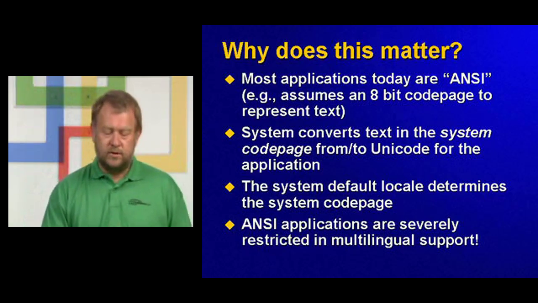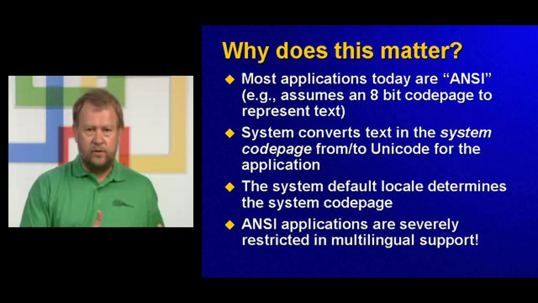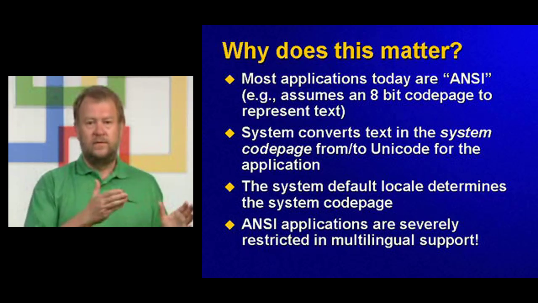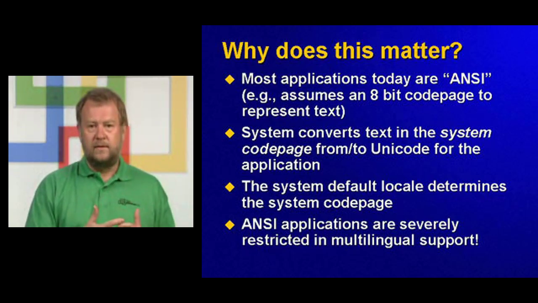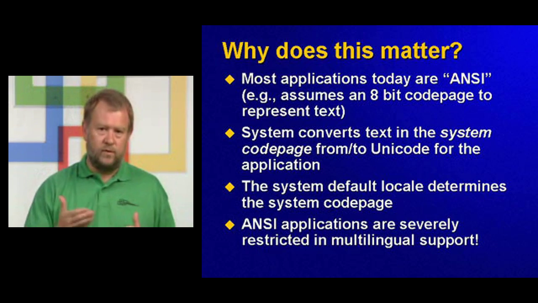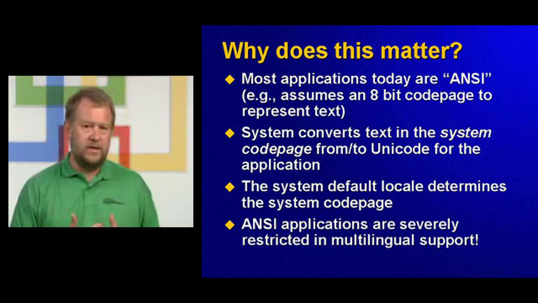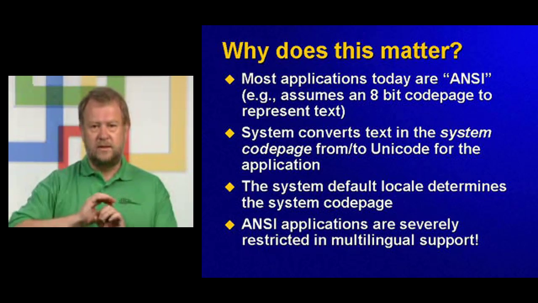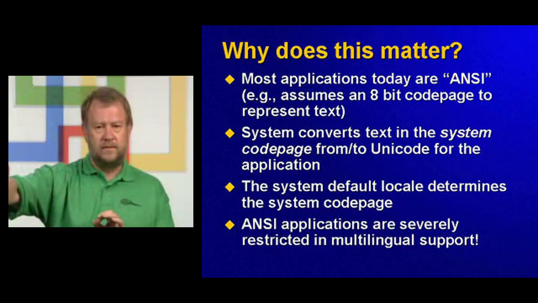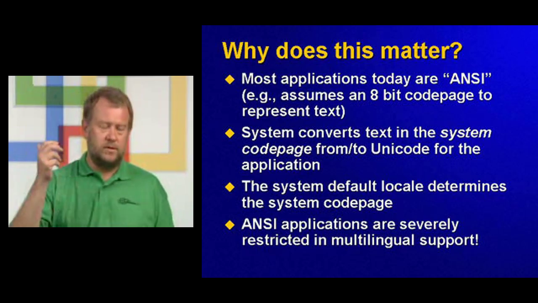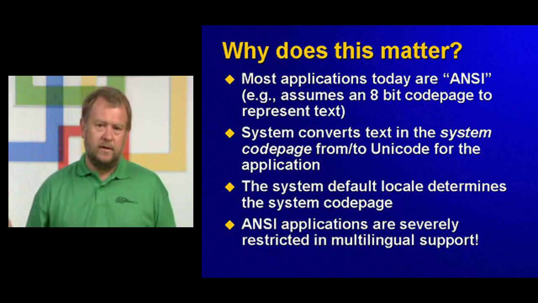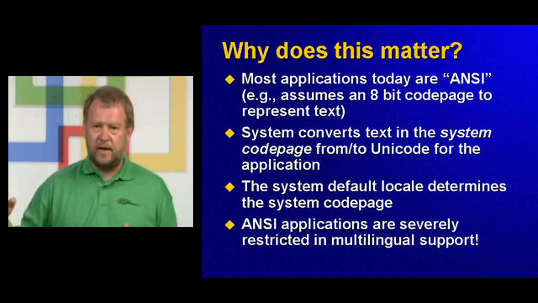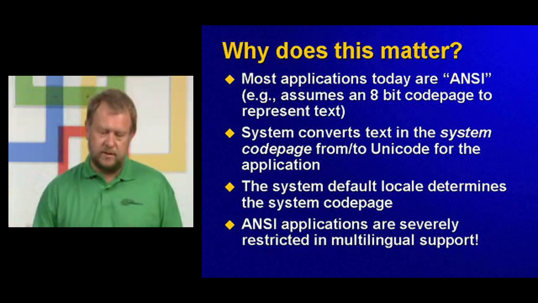And Windows 2000 uses Unicode, but it provides conversion between the system code page and Unicode for ANSI applications. ANSI applications, again, assume that they're always dealing with the system in an 8-bit code page, and so when they pass text to the system, they're using the system code page. The system translates that into Unicode, does whatever was requested by the application, and then if there are results to send back, it converts them back into the system code page and sends them back.